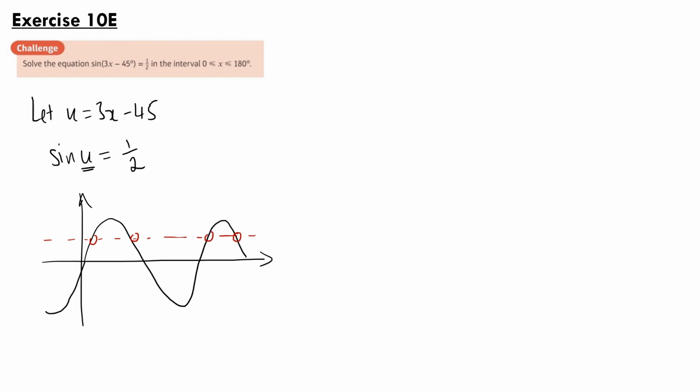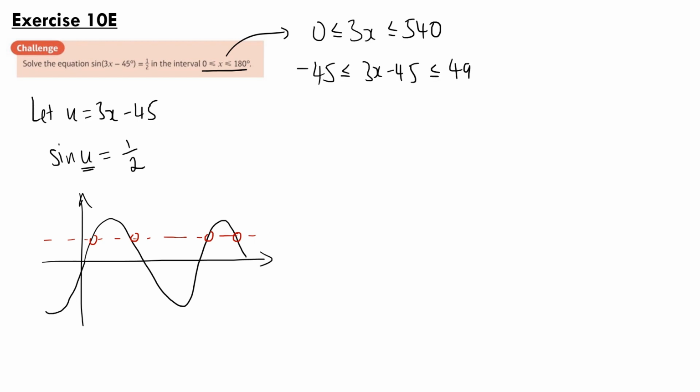And if we look at the possible values of x given by this inequality here, we can manipulate this to give us the bounds for u. And we can do that by multiplying each of the terms by 3. So we have 0 is less than or equal to 3x is less than or equal to 540, and taking away 45 from each of these terms. So we have minus 45 is less than or equal to 3x minus 45 is less than or equal to 495.